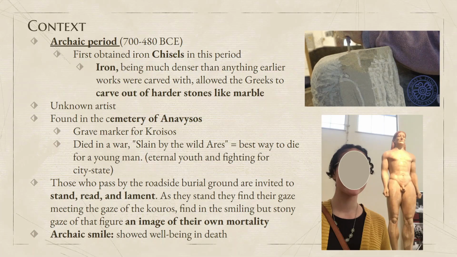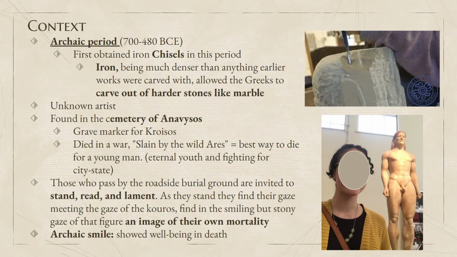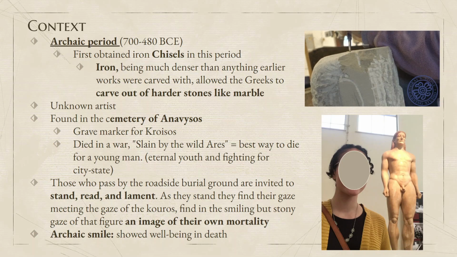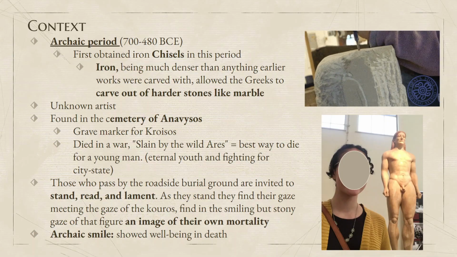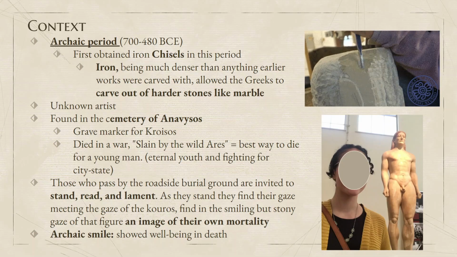More context for the Archaic period and why marble is starting to become a go-to media is because we are introducing iron chisels. So iron is going to be a lot harder than bronze, which is also commonly used. It's the Bronze Age first, a lot easier to smelt. Iron's stronger. Because iron is so strong, you can start carving harder stones.